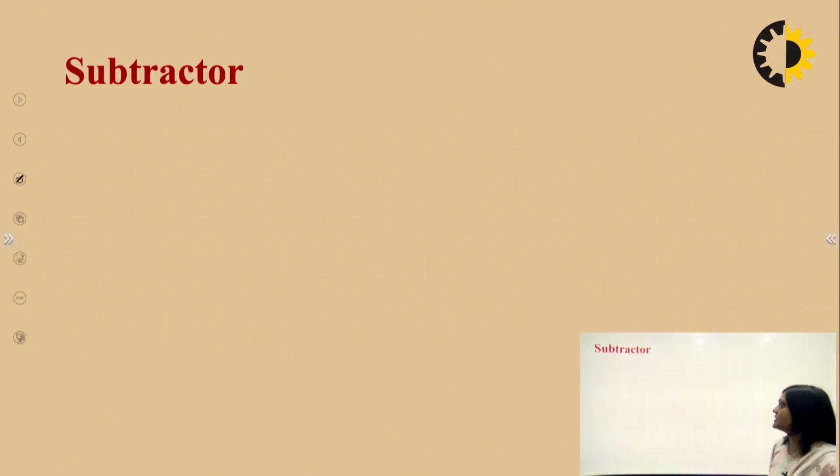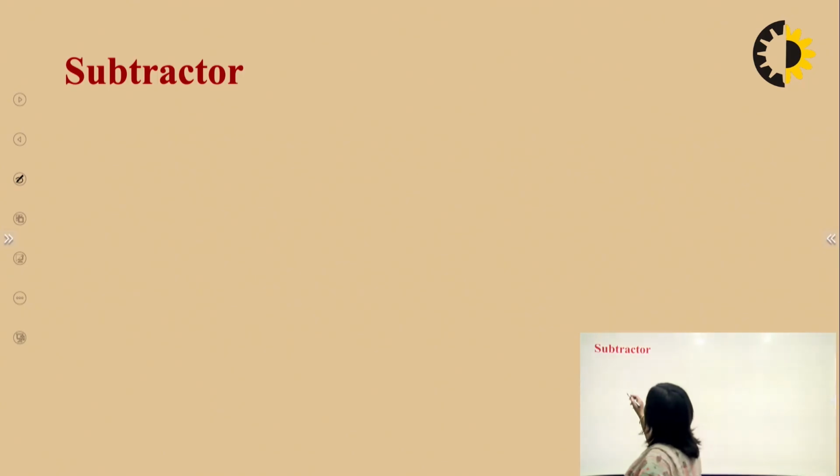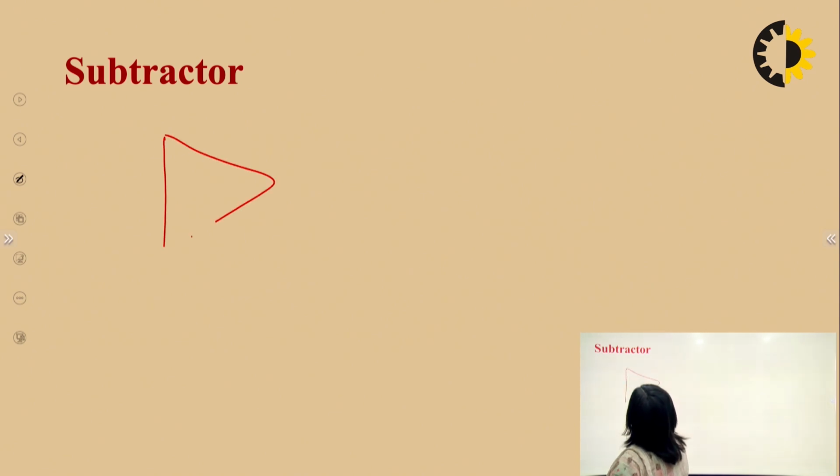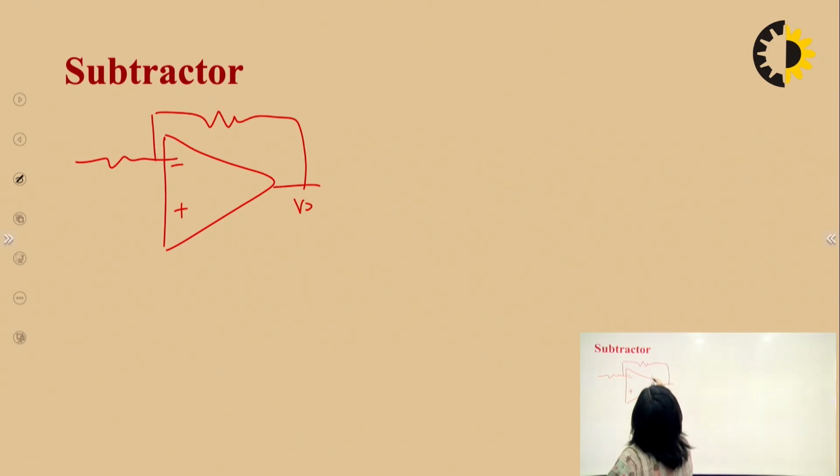After that, the subtractor. The subtractor provides a subtraction of the two input voltages. This is our feedback path V0, this is RF, this is R1, and we can apply V1 and V2 here.